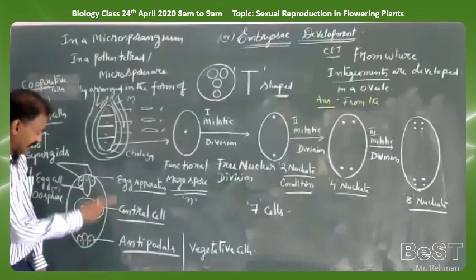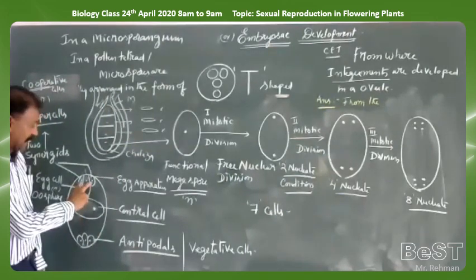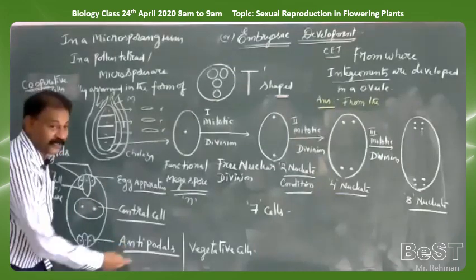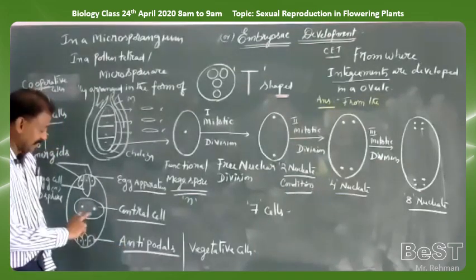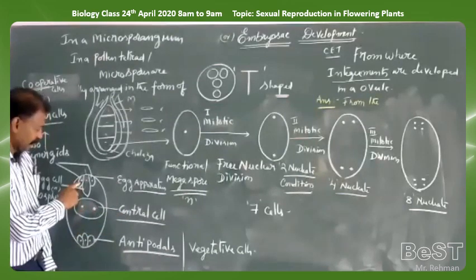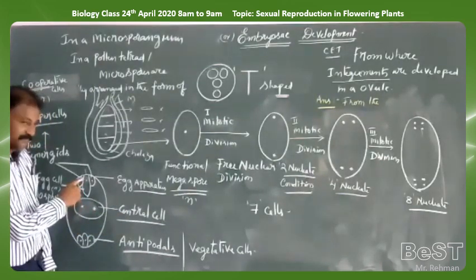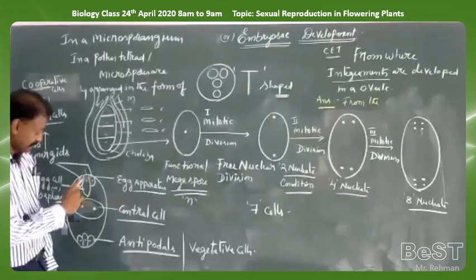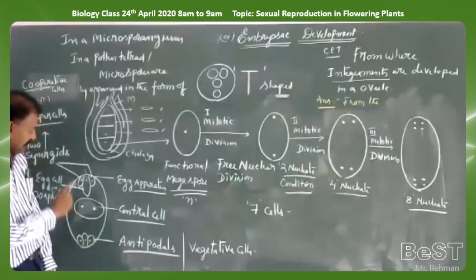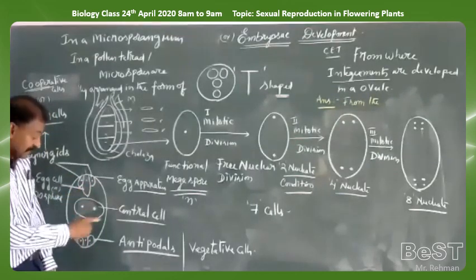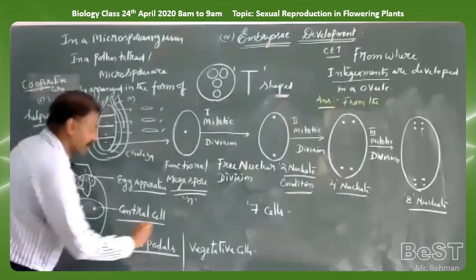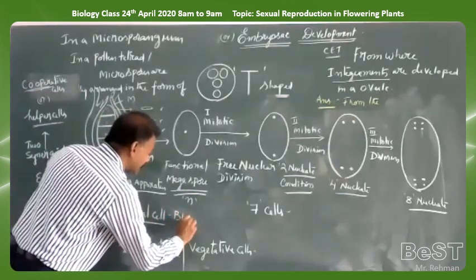Out of these, the upper 3 are organized into the egg apparatus, the lower 3 into antipodals, and the central cell is binucleate. The others are uninucleate, single cells with a single nucleus. The central cell is also a single cell, but with two nuclei, binucleate.